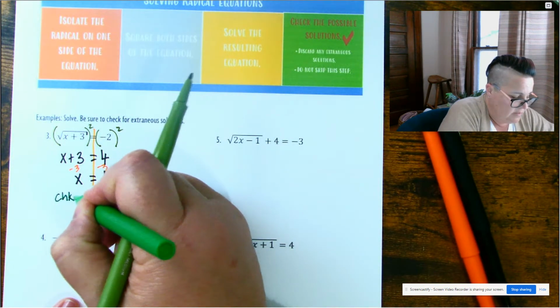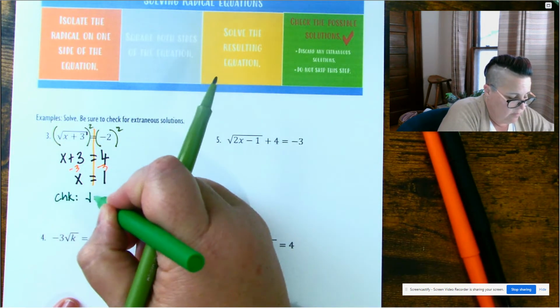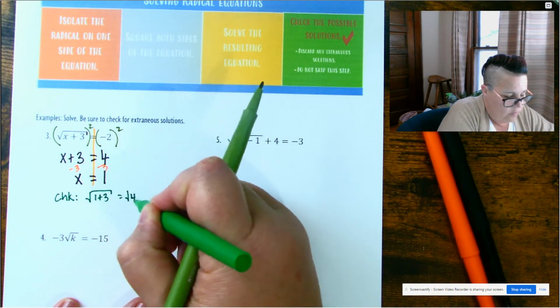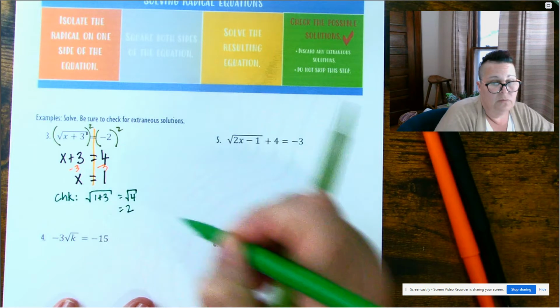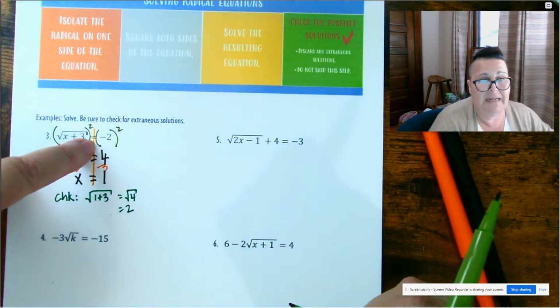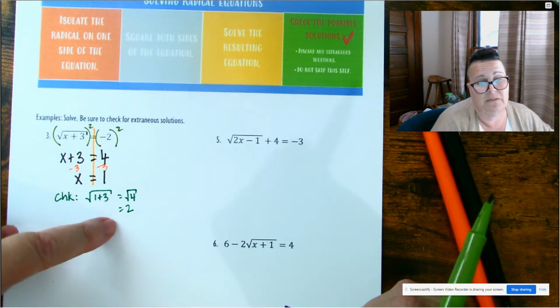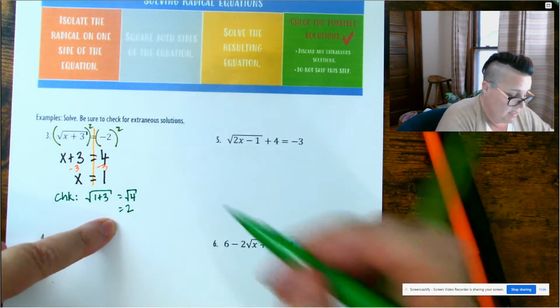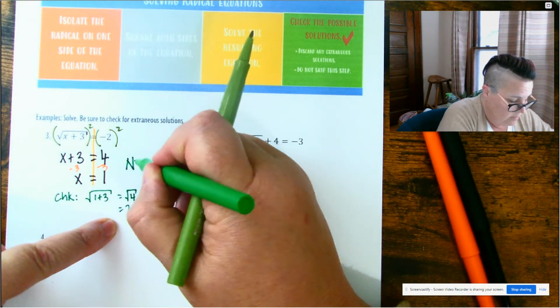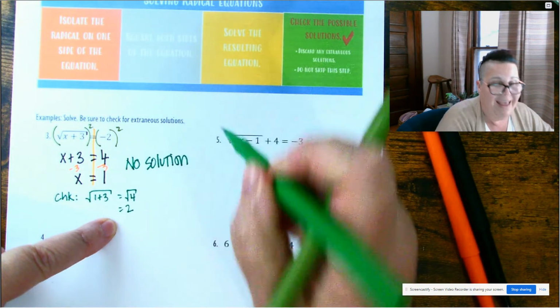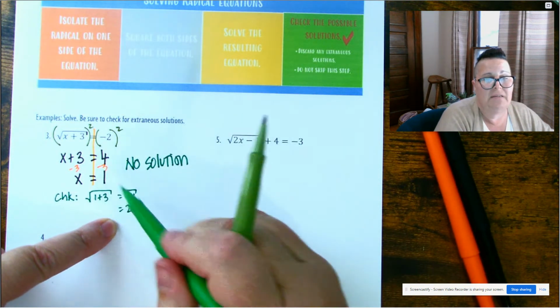To check this solution, I would do the square root of 1 plus 3, which is the square root of 4, which is 2. I was supposed to get a negative 2, but I'm not going to because I'm going to use the principal root. So this is a no solution problem. Right off the bat, I have an extraneous solution.